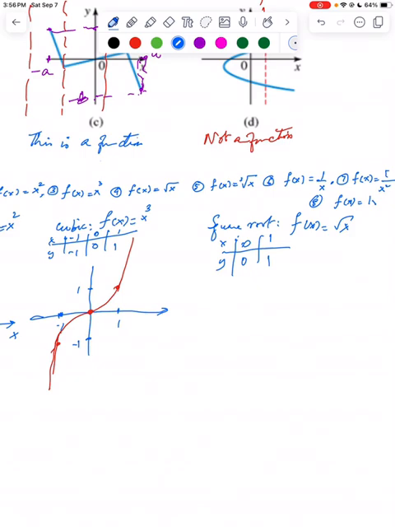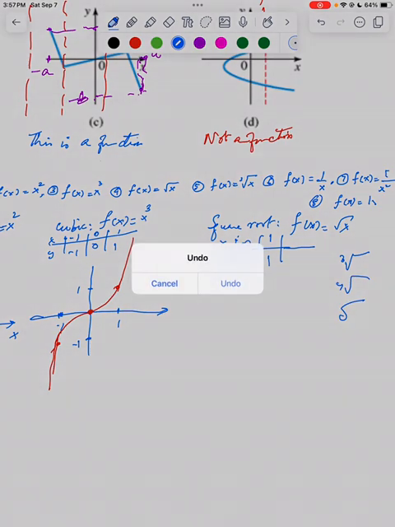So what should be the third point? I would suggest, and you can actually do this trick with any radical function, like the cube root, the fourth root, the fifth root, sixth root, eighth root, whatever, the same technique that I'm going to show you here.